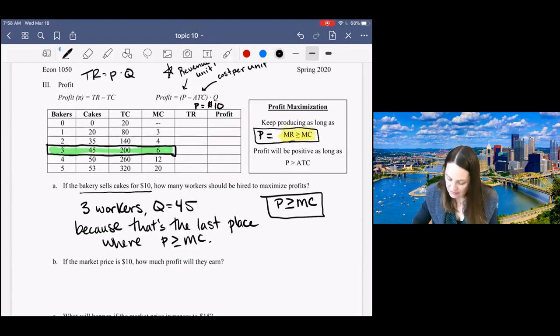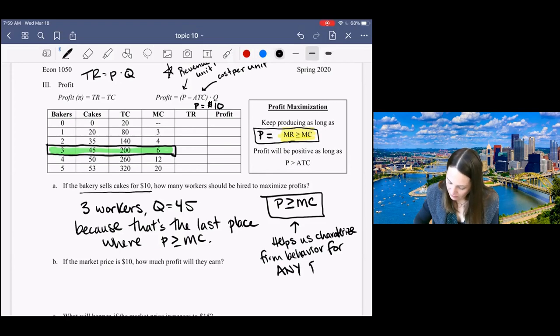The reason why this decision rule is so important, it helps us characterize firm behavior for any price. So one way to approach this first question, to say how many workers should the firm hire to maximize their profits, would be to calculate profit for all of these different points and then to pick the highest one.